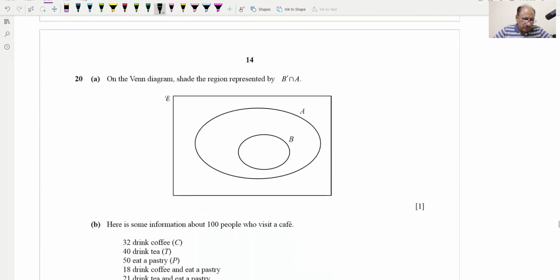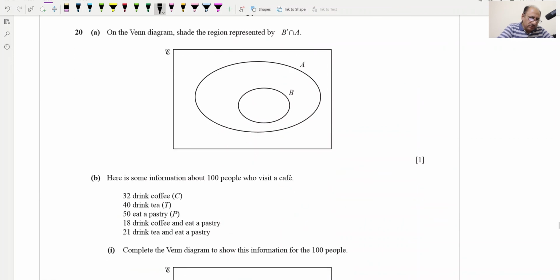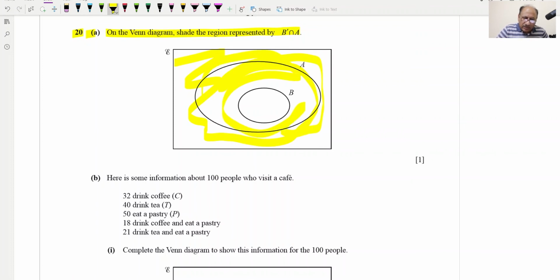Now this is question number 20. Question number 20, A part: on the Venn diagram, shade the region represented by B complement intersection A. B complement means excluding B. This whole outer region is excluding B. And intersection with A, so it should be common with A also.